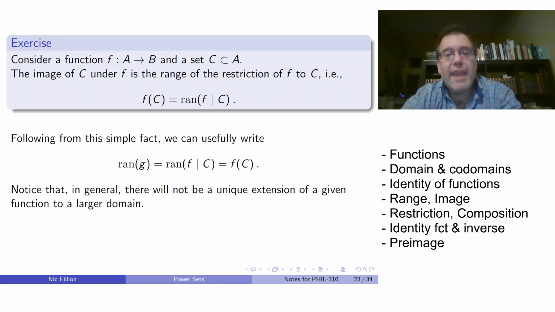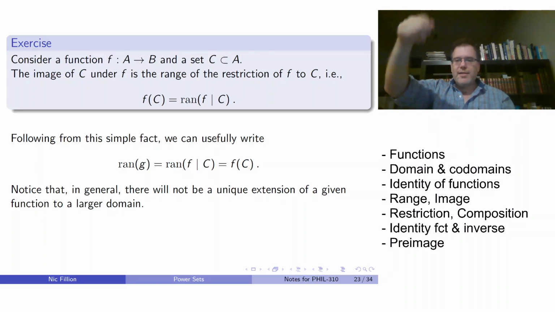And now if we think of f as an extension of G to the entire domain A, notice that there are many ways of doing that. As I said, you start from G, which is defined over the domain C, but C is a subset of A, right? So to extend G to be defined on the entire domain A, we need to add a bunch of ordered pairs whose first member is going to be all the elements of A that are not in C, right?